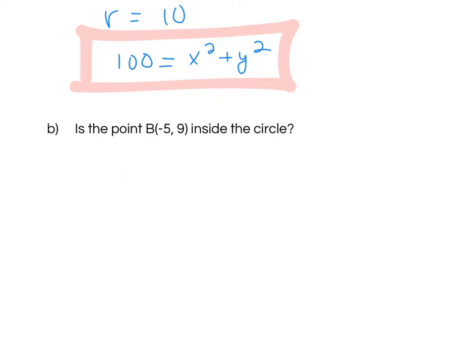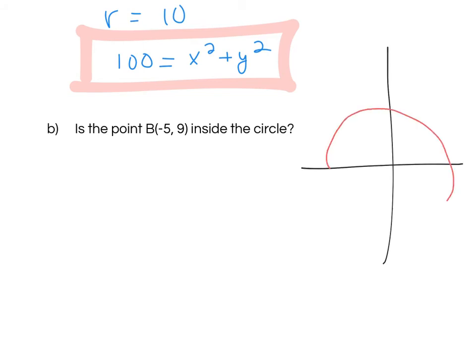So the second part of this question, just to remind you, we want to know if this point B, (-5, 9), is inside the circle. So how are we going to decide that? Well, remember that we have an equation for a circle, and if we wanted to mock this up, we could say, all right, well, I have a circle. This is obviously going to be pretty rudimentary because I'm not using any special tools here.